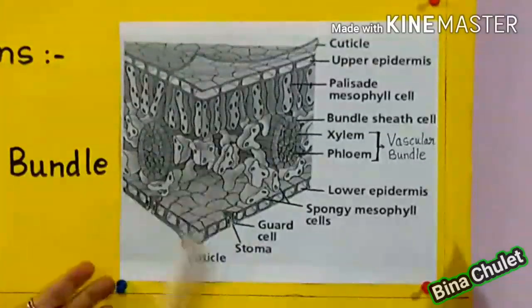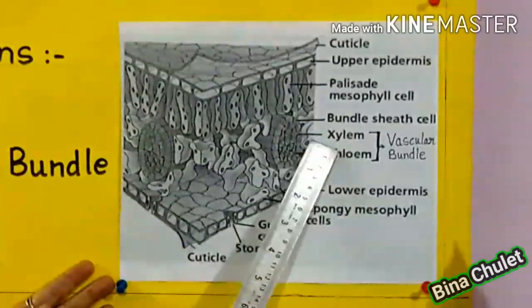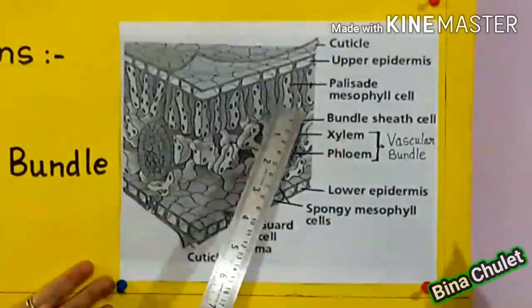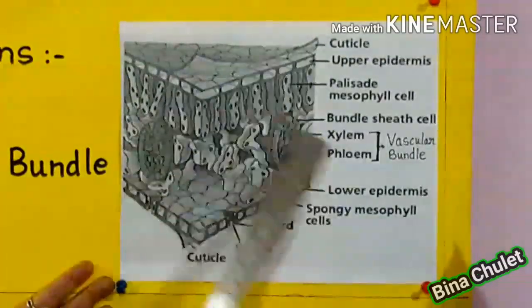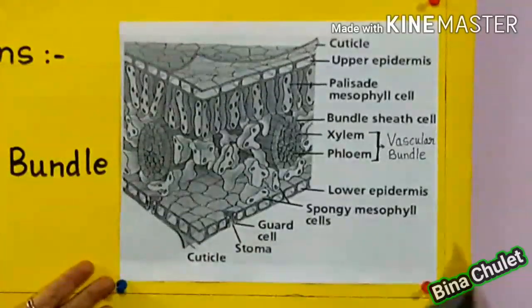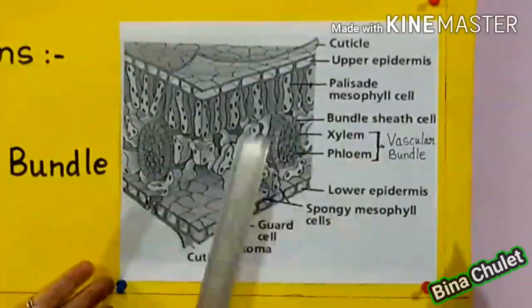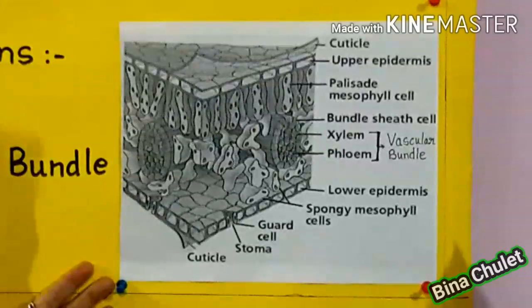So in the chloroplast, what will reach finally is the water from the xylem, the carbon dioxide from the stomata. Chlorophyll will already trap the sunlight, and hence the whole process, that's the chemical reaction, will now take place in the chloroplast.